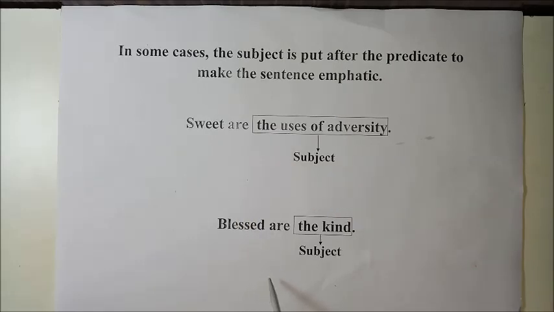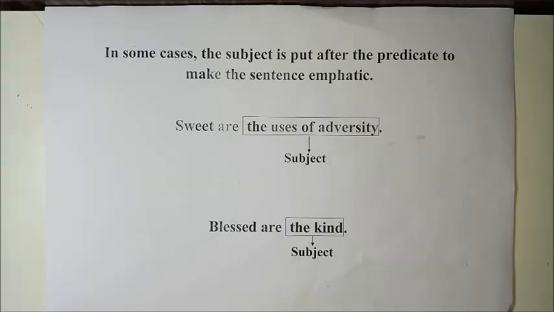Similarly, in the second sentence, the subject is "the kind" and the predicate is "blessed are". We can rewrite this sentence as "The kind are blessed." Such types of experiments are mostly done by the poets because they want to make their poetry impressive.